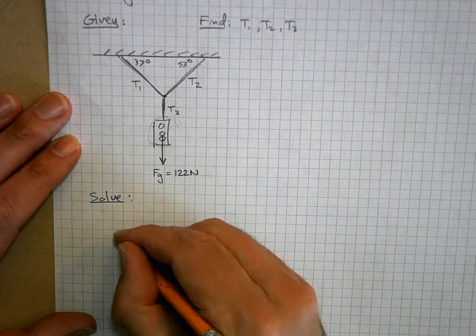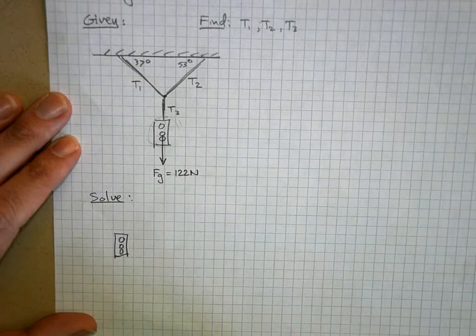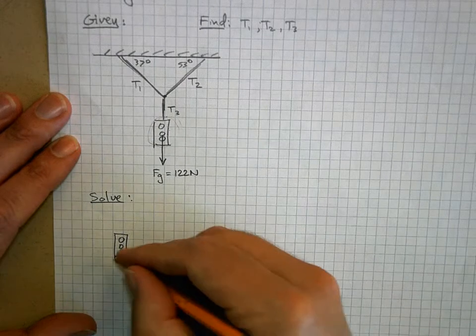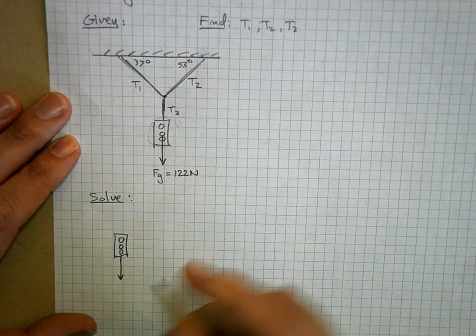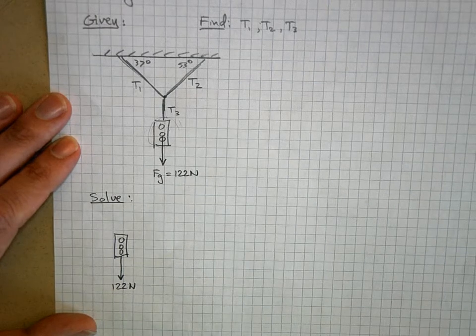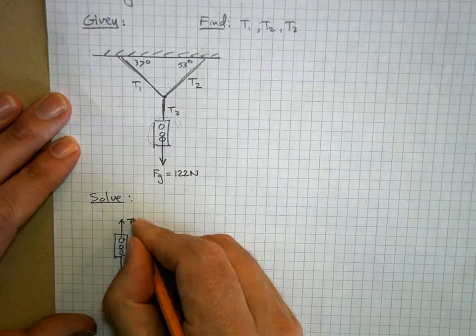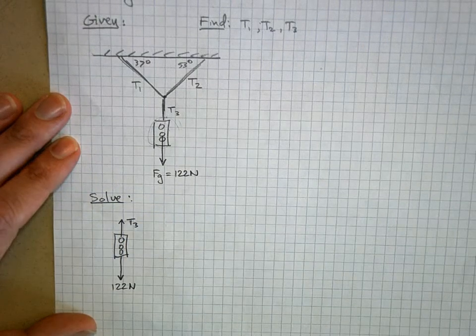So I'm just going to draw the traffic light. And what are the forces acting on it? Well, here's 122 newtons. That's the weight. That's Earth pulling it down. And then we've got T3, the tension force pulling it up.